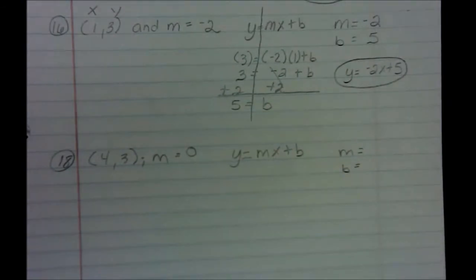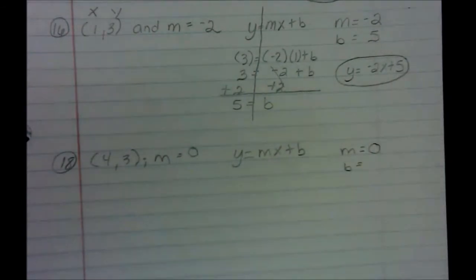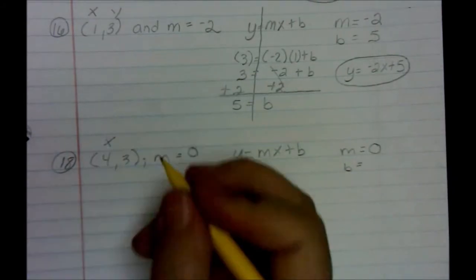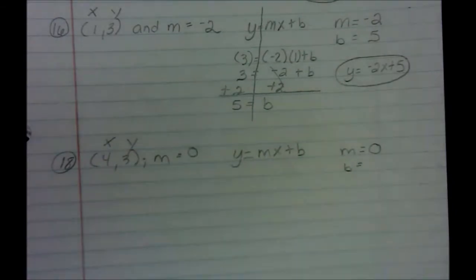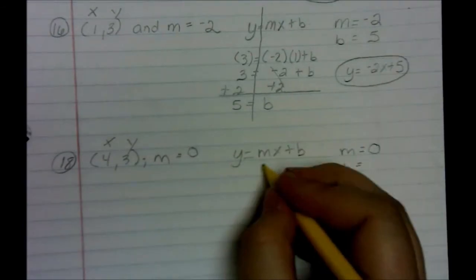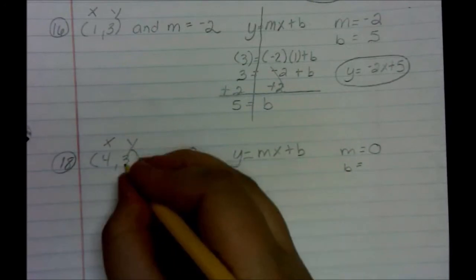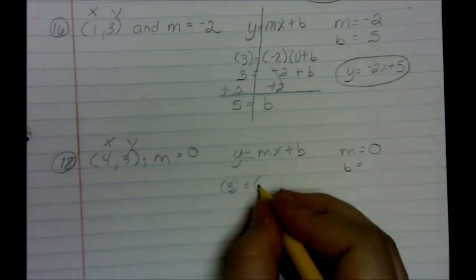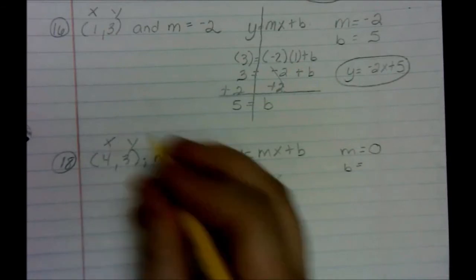So they tell me my m is 0. Now I need to find out what my b is. So I'm going to plug in my x and my y values, and plug everything into here. So my y was 3, my m was 0, my x was 4 plus b.